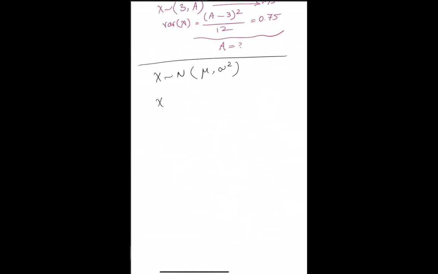For example, X has a normal distribution with average 10 and variance of 4, let's say. And if I want to ask, what is the probability that X gets a value greater than, let's say, 12? How do you calculate this probability? Do you guys know how to calculate this probability?